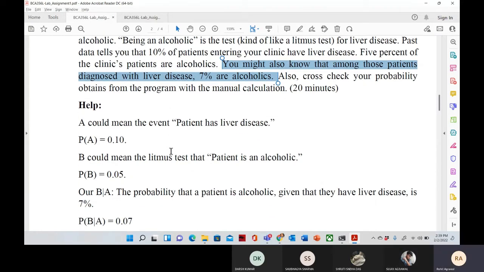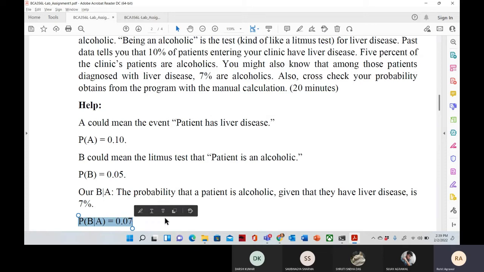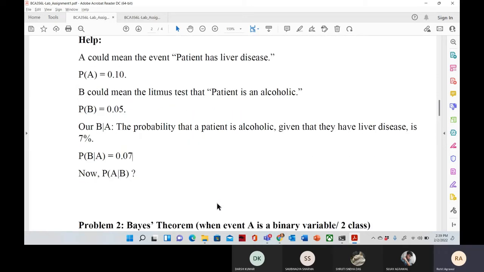We have taken event B as an alcoholic, so this is P of B, given liver disease, which means A. So P of B given A is 0.07. Clear? So just put it in the formula, and we will have P of A given B.